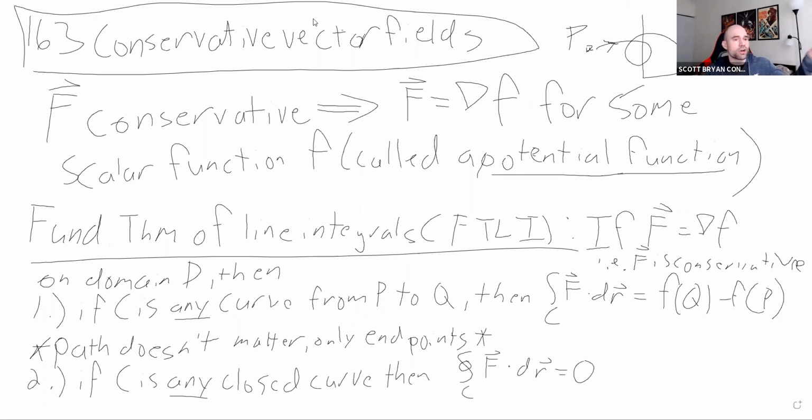But the endpoints of the curve are just where you start. So if you imagine you're a particle moving along the curve, it's where do you start at time A and where do you end at time B? Does that make sense?